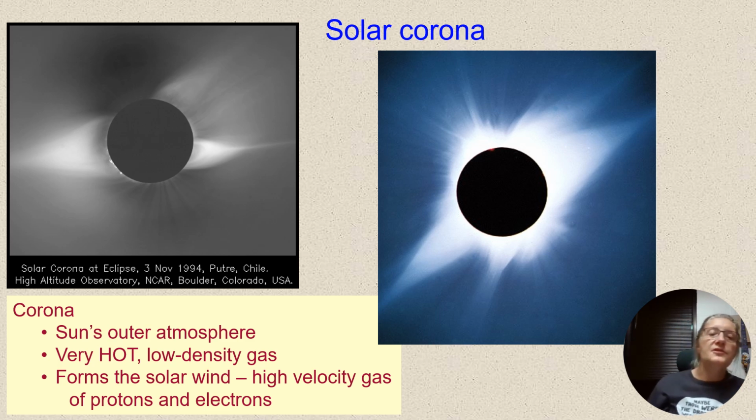And these images show streamers of hot gas in the corona sculpted by the magnetic field of the sun, and it's an important clue to understanding the solar magnetic field. Now, this corona also forms the solar wind, and the solar wind's a high-velocity gas of protons and electrons that stream off the sun, all right? The sun is losing mass because of this.